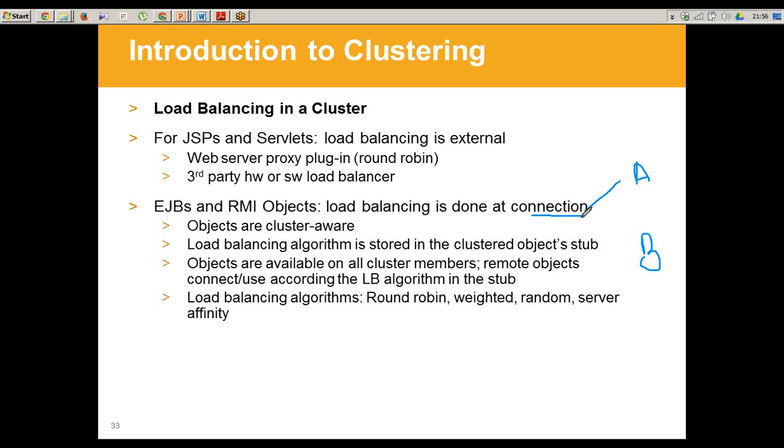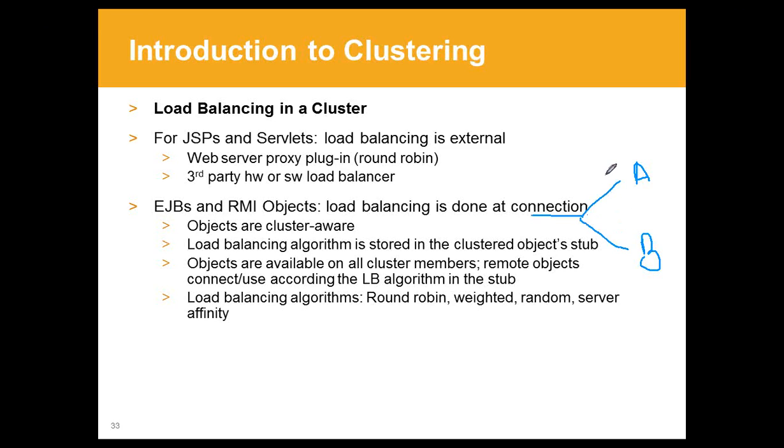Request is coming to the cluster. They are part of the cluster. In the round robin algorithm, the first request goes to A, then goes to B. The third request will again go to A. The fourth request will go to B. So it's working in round robin fashion, one after another.